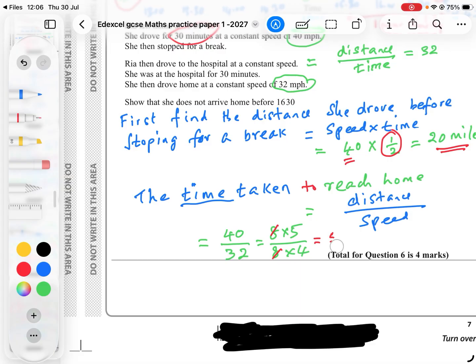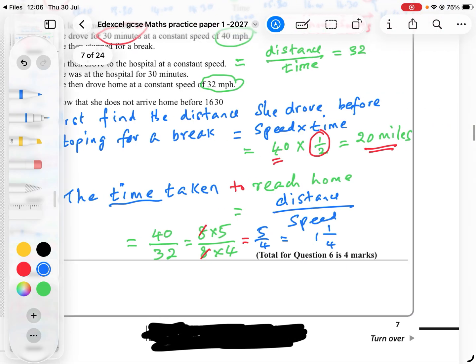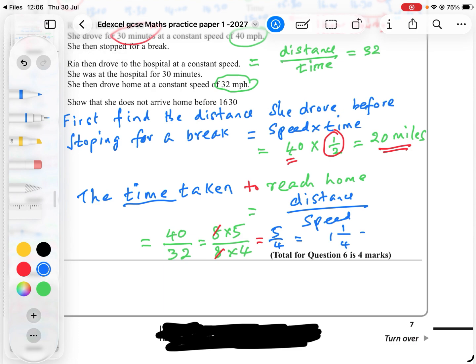If you change to a mixed fraction, 5 over 4 is equal to 1 whole number and 1 over 4. So 1 hour and 15 minutes.